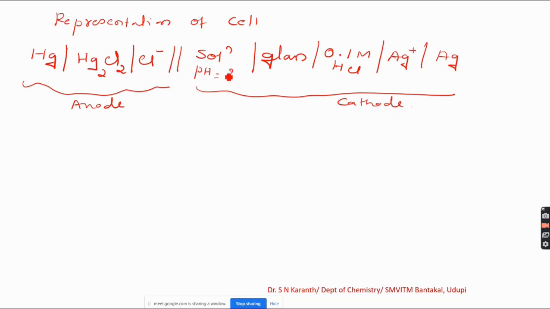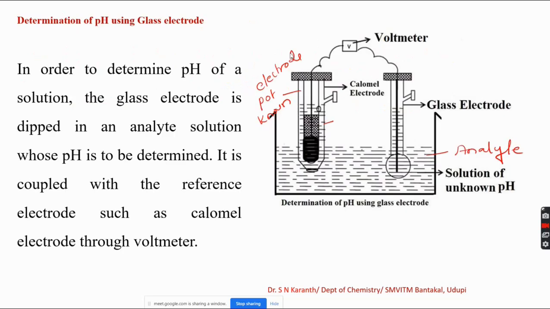We have to construct a cell like this: anode and cathode, with the analyte solution. First we write the anode part. While representing the anode, first we write the calomel electrode: Hg bar Hg2Cl2 bar Cl minus, in contact with the analyte solution whose pH is to be determined.